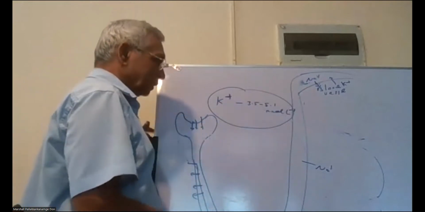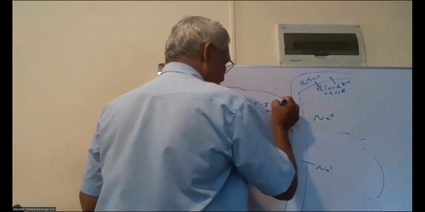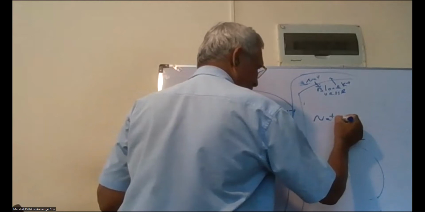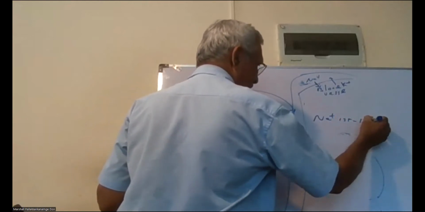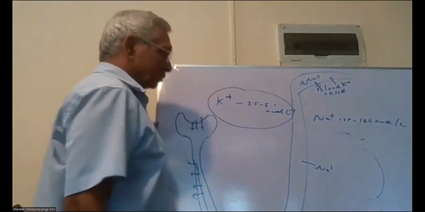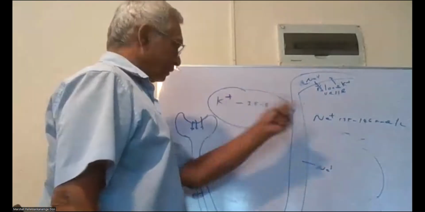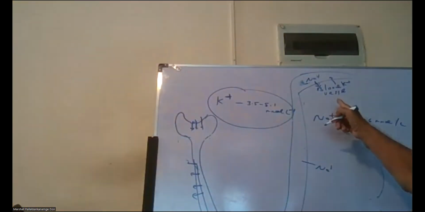Now, if you think about sodium, the normal range is 135 to 146 millimoles per liter. So sodium will need this section. To maintain the blood potassium levels, you need this exchange.